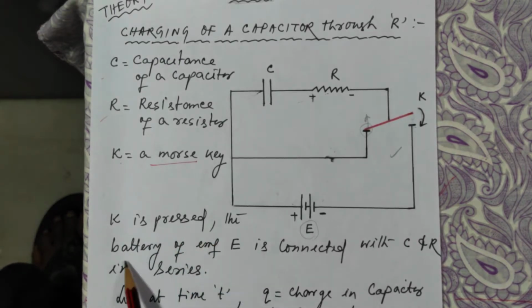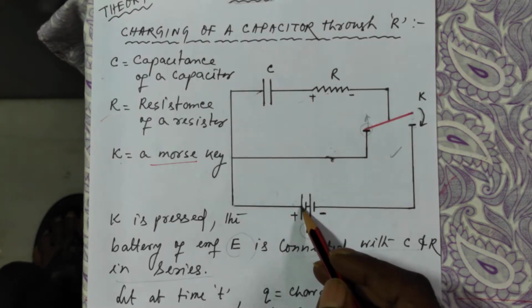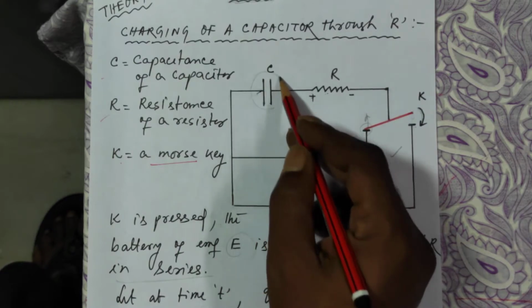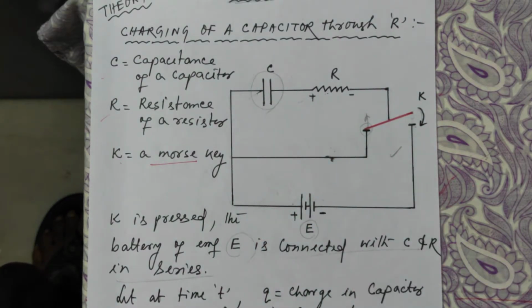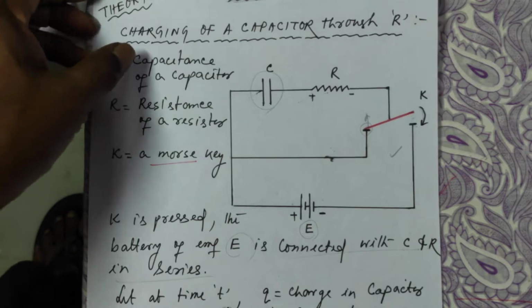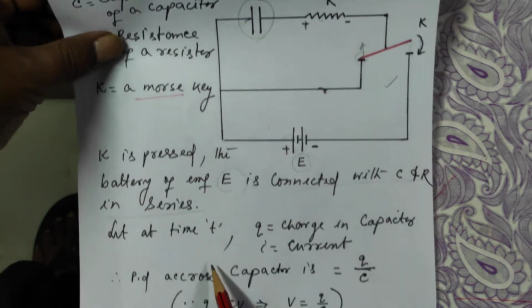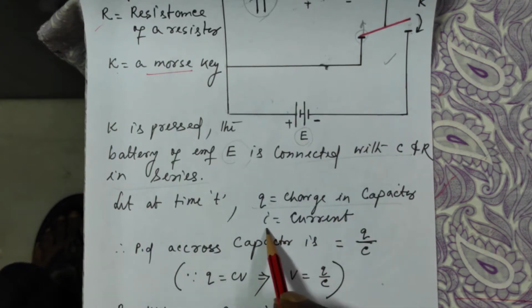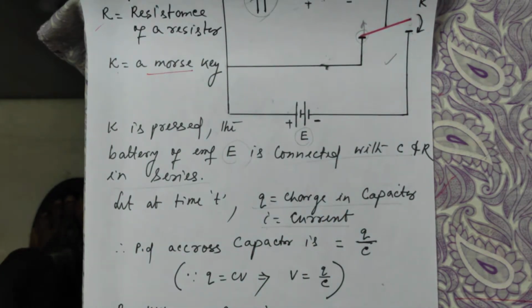So when the key is pressed, the battery EMF is connected with C and R in series. So whatever charge flows from here, the capacitor gets charged. Let at some time t, Q be the charge in the capacitor and I the current.